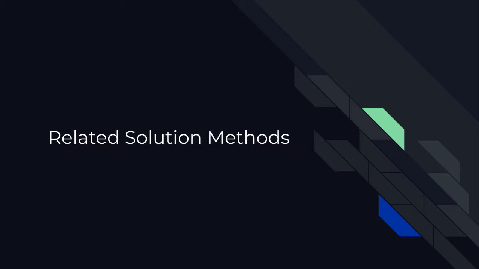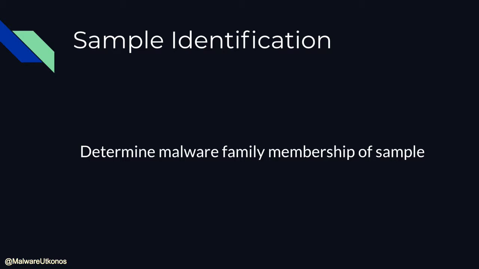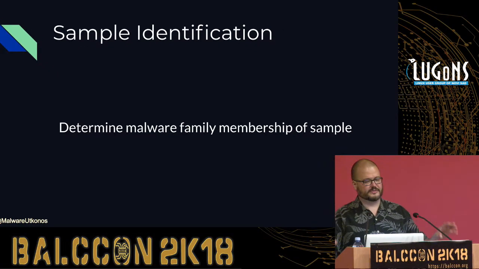So there's a couple of related solution methods, different methodologies for answering these questions and solving some of these problems. There's kind of two different ways to think about this. Sample identification, that is the what is it that I'm looking at? What malware family is it?